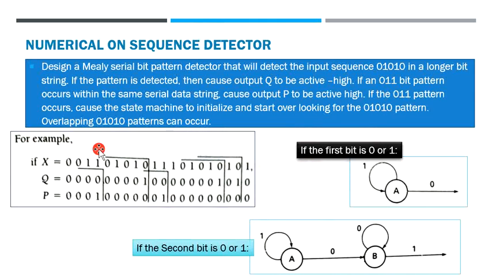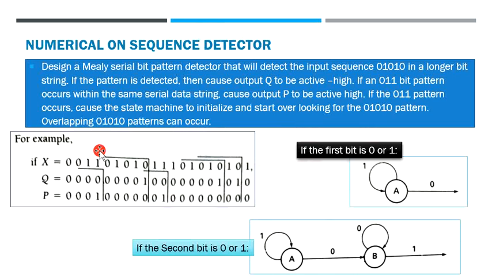So here we have to design a Mealy serial bit pattern detector which will detect the sequence 0 1 0 1 0 in a longer bit string. If the pattern is detected, it will cause the output Q to be active high. If a pattern of 0 1 1 occurs within the same serial data string, it will cause P to be active high.